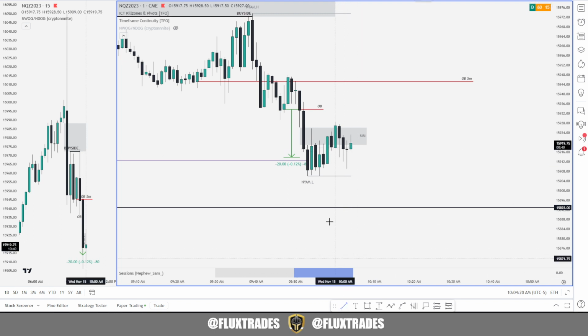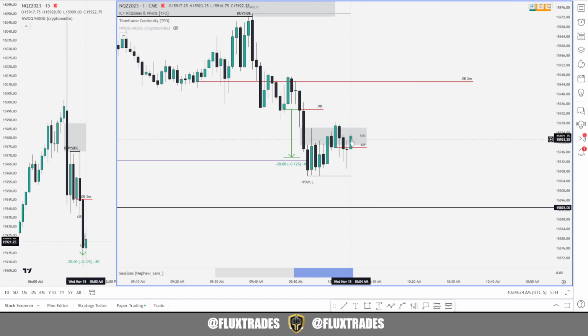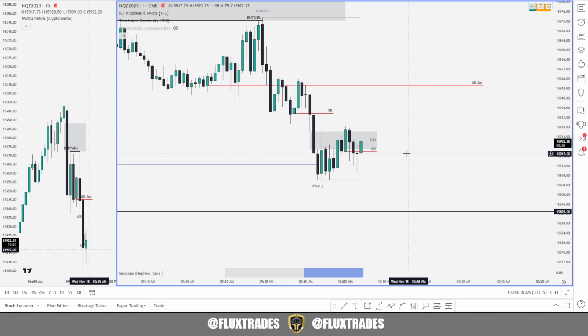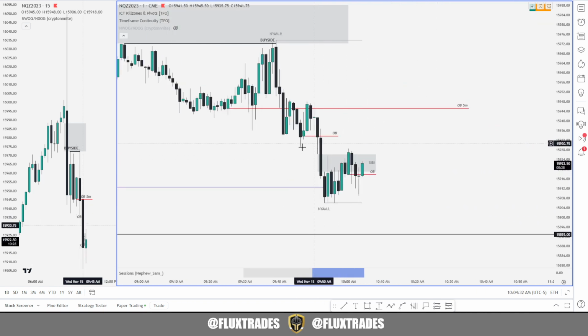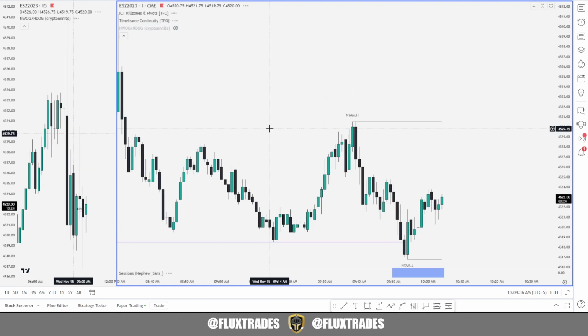Preferably candle body still placed below. See that we're kind of climbing up. See if there's anything else. YM doing its own thing.